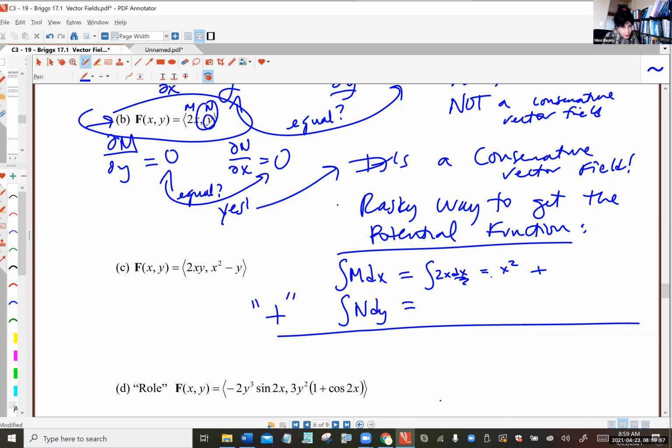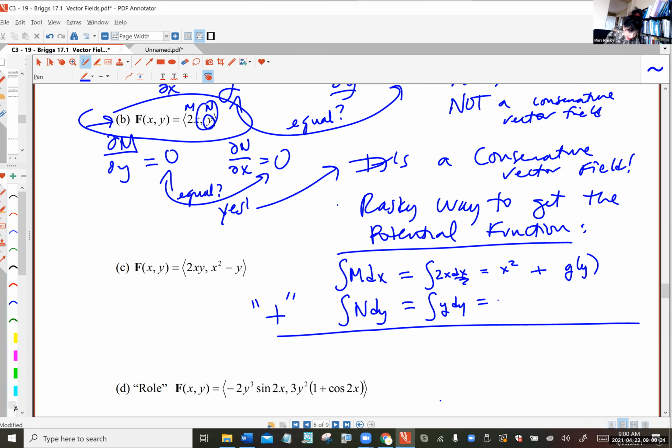If you don't, I'm going to take away a point every time on your paper. You're going to put plus g of y, some extra junk involving y's, because y is considered a constant when integrating with respect to x.